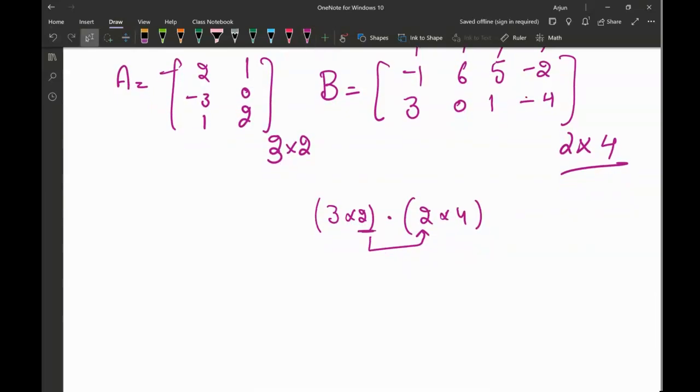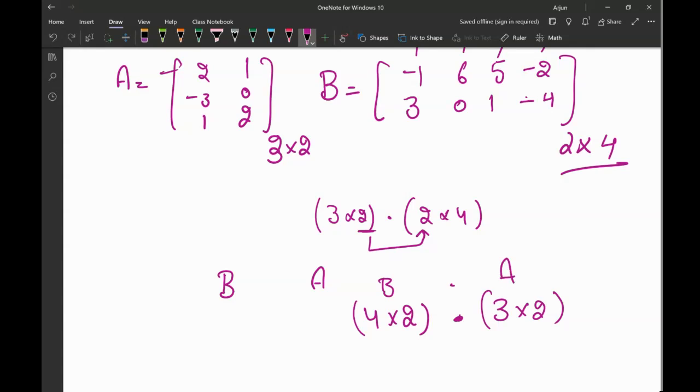If I reverse the order and write B as the first matrix and A as the second, it becomes 4 times 2 multiplied by 3 times 2. Can I do this one? This is B times A, and this was A times B. I was able to do that earlier because those two were the same. But can I do this? Are these two the same? No, I cannot multiply this.